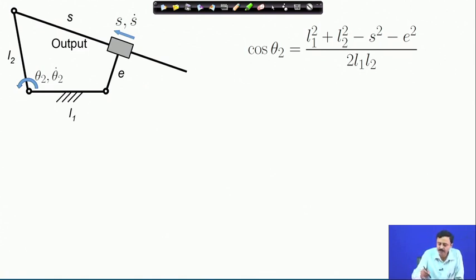If I differentiate this with respect to time, as we have been doing. So, this is the displacement relation. So, what do we have?